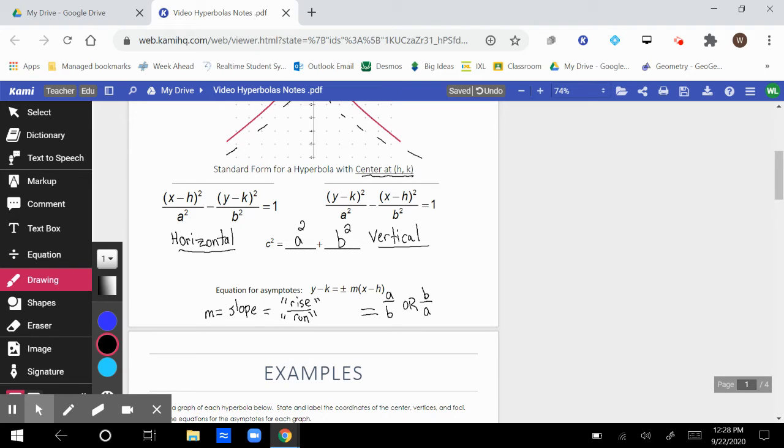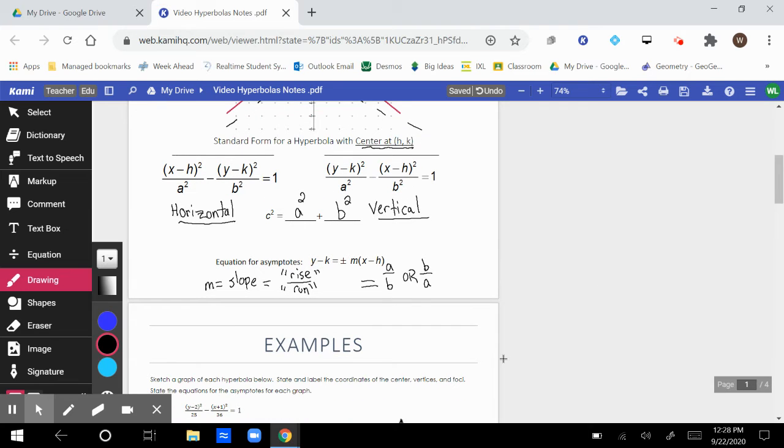All right, and how you decide which is which is that your m, or your slope, is always going to equal the square root of whatever your y denominator is over the square root of your x denominator, or the denominator under your x term. And that goes back to rise over run.